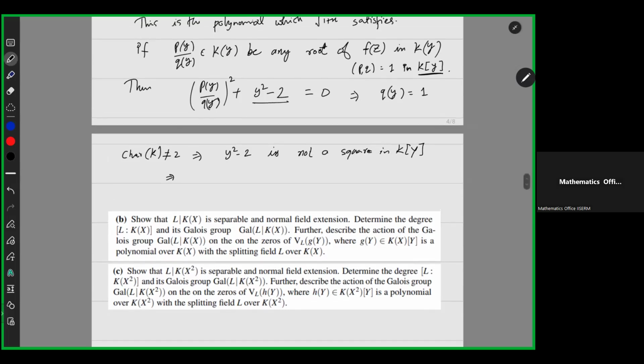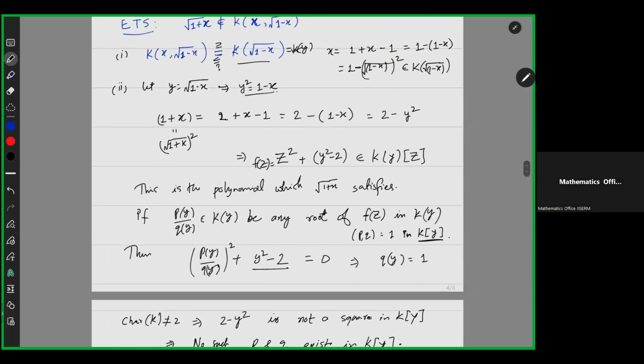This implies neither y square minus 2 nor 2 minus y square, doesn't matter. But this implies that no such p and q exist. That is all.